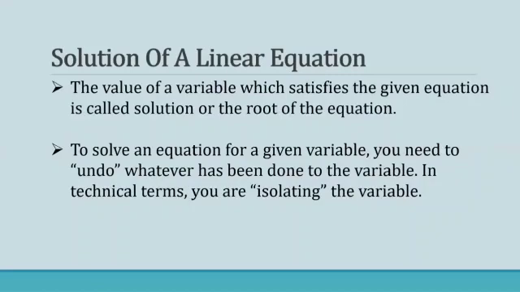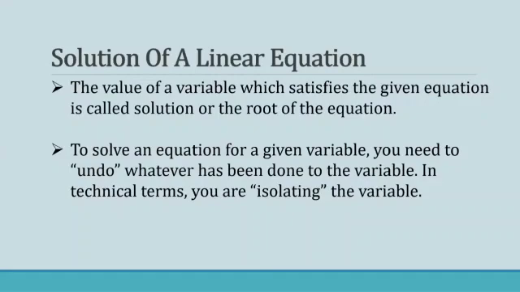In order to solve an equation for a given variable, you need to undo whatever has been done to the variable. In technical terms, you are isolating the variable. So whenever we are solving an equation, we have to find the value of variable. So for that, we need to isolate the variable.